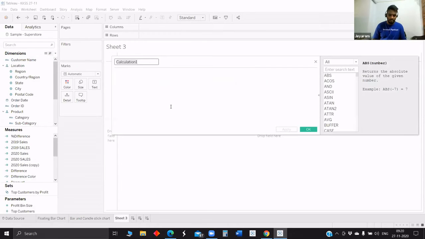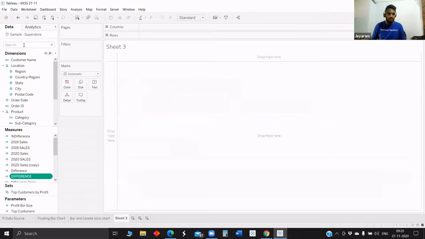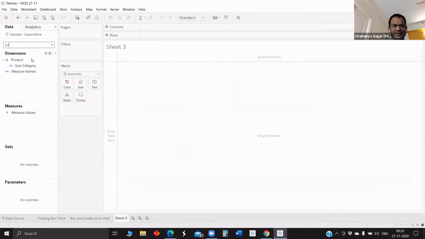With these three fields, we can make the chart. 2020 sales minus 2019 sales. No, the name is Subcategory, capital S and case sensitive.